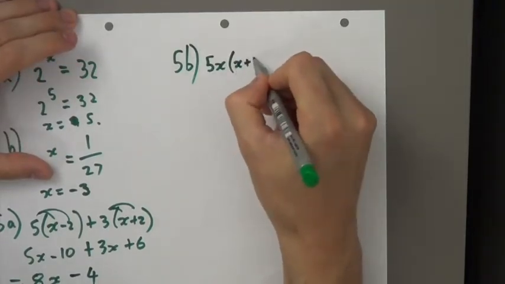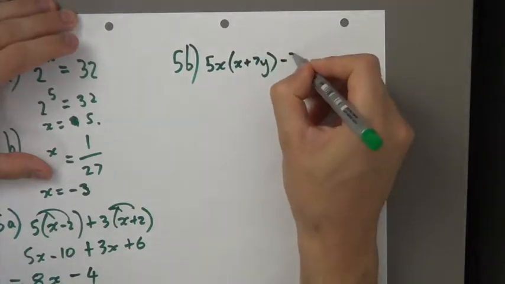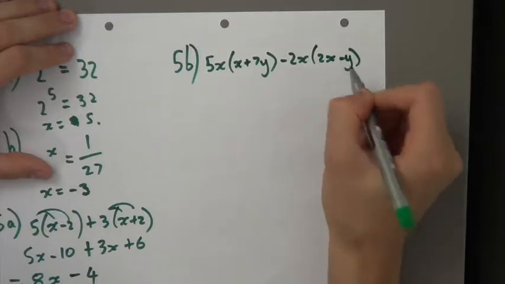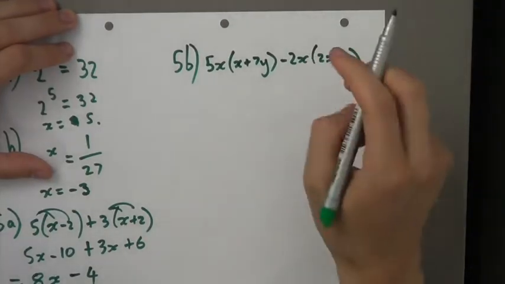5x times x plus 7y minus 2x minus y. Okay, we need to simplify this.